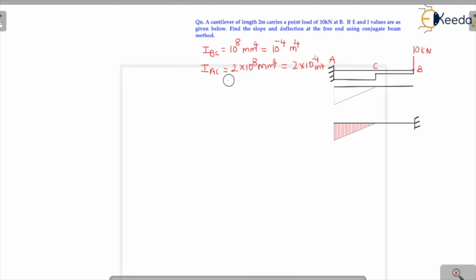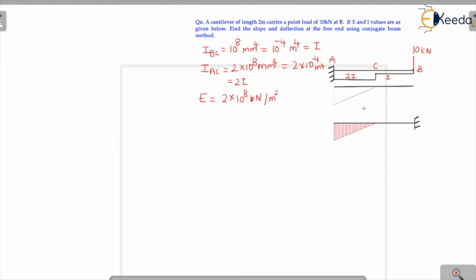So this is actually 2I. If this is I, this is 2I. This is the change. Now E value is given as 2 into 10 to the power 8 kilonewton per meter square. Okay, so this is the data given to us.